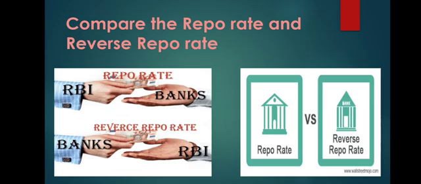While repo rate helps to manage short-term deficiency of funds, reverse repo rate aims to reduce the overall supply of money in the economy. Presently, the current repo rate and reverse repo rate are 4% and 3.5%.